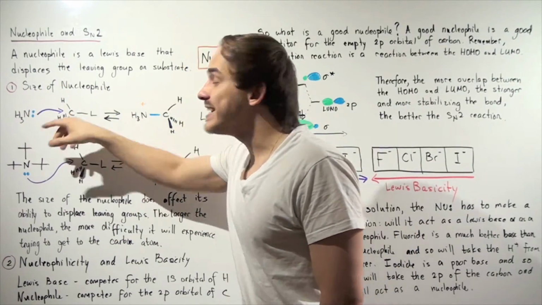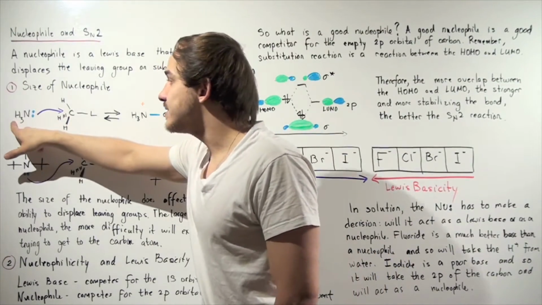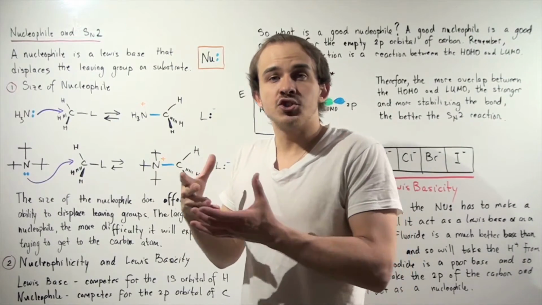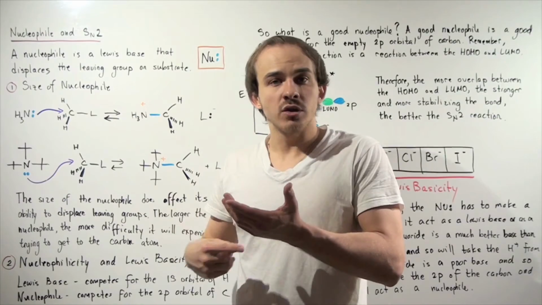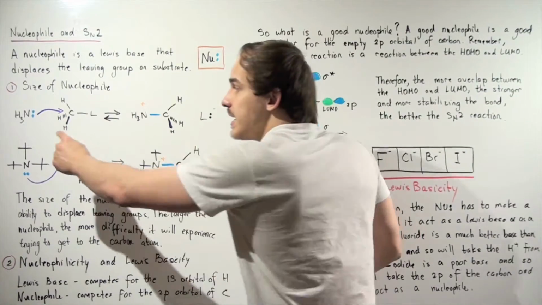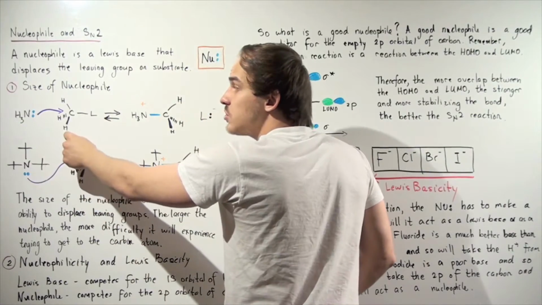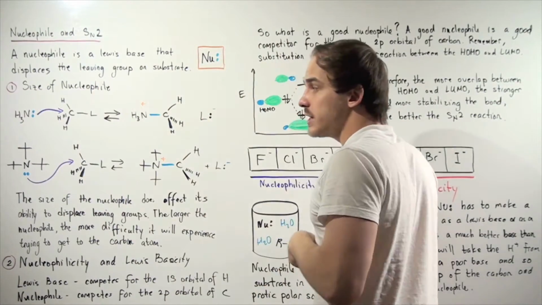This nucleophile is much less bulky, it's smaller because it has these small H atoms. Recall that H atoms and atoms in general have the protons in the nucleus and electrons orbiting the nucleus. Now, these H atoms will have electrons orbiting the nucleus.